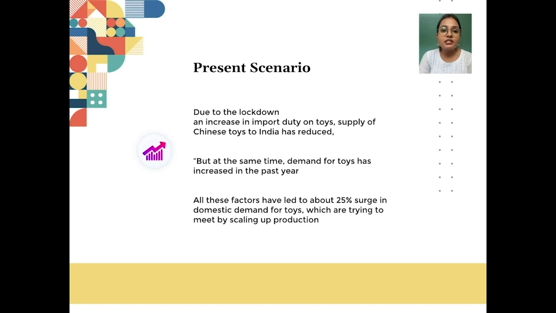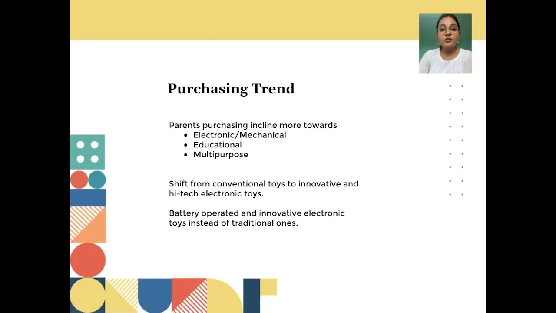All these factors have led to a 25% surge in domestic demand for toys, which manufacturers are trying to meet by scaling up production. Parents' purchasing intentions are more inclined towards electronic or mechanical, educational or multi-purpose toys.